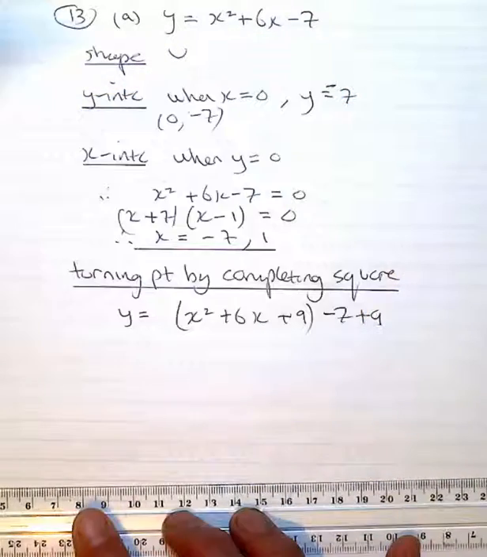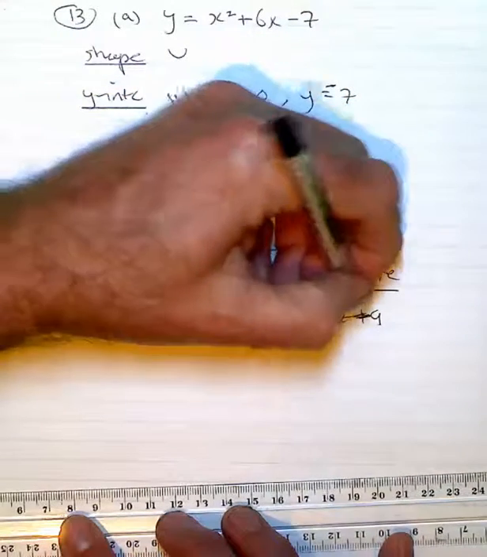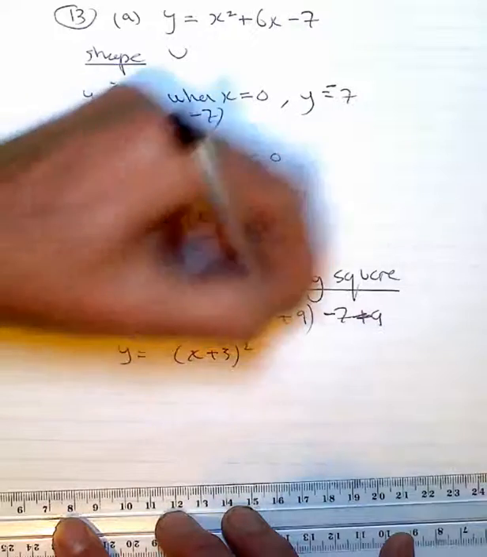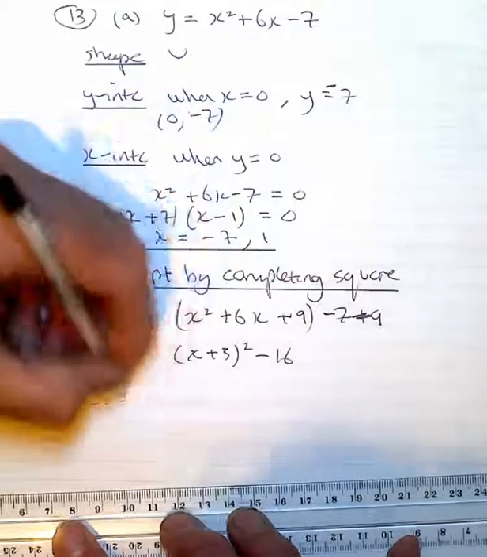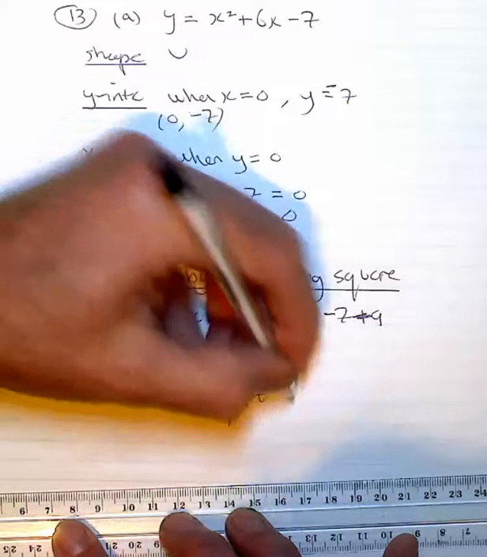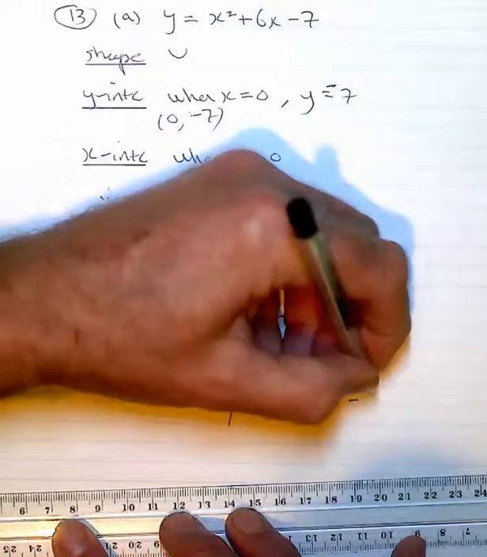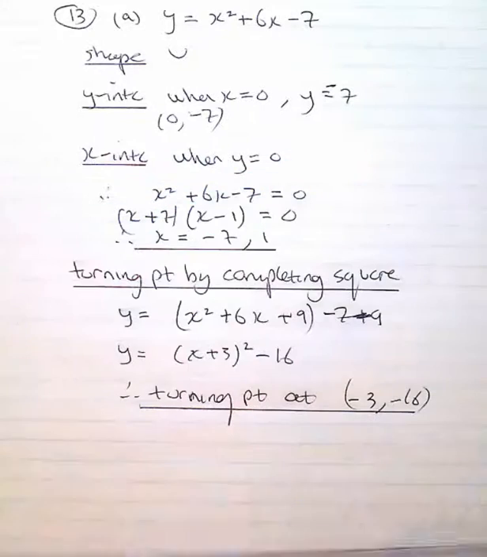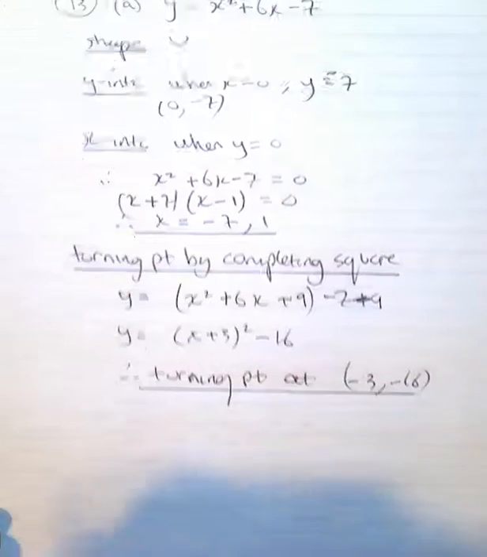What I add, I subtract. So therefore the turning point is at -3, -16. And what remains is for me to sketch the graph.